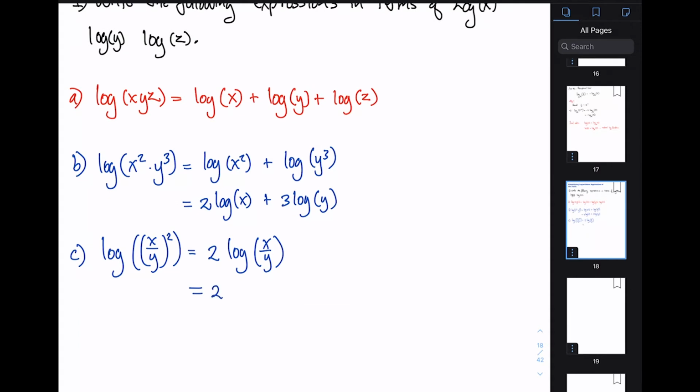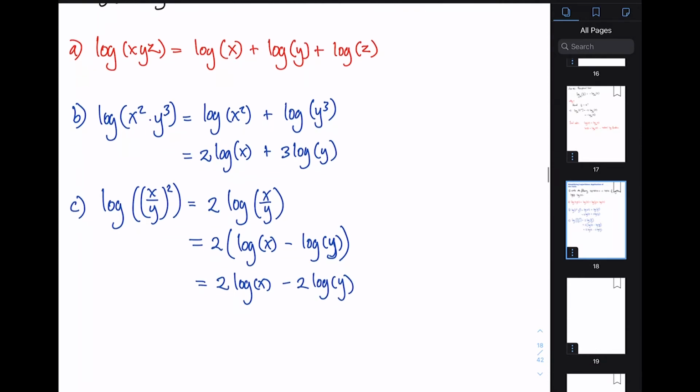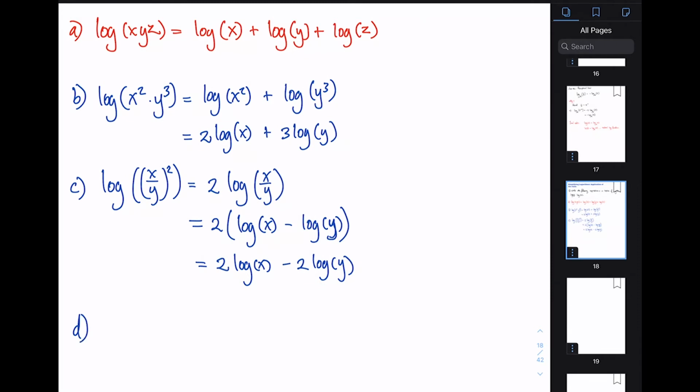So this becomes 2 times, open bracket, log of x minus the log of y. Whenever we have the log of a quotient, we take the difference of the logs. And that is our final answer. Well, we could distribute this to give us 2 times the log of x minus 2 times the log of y.